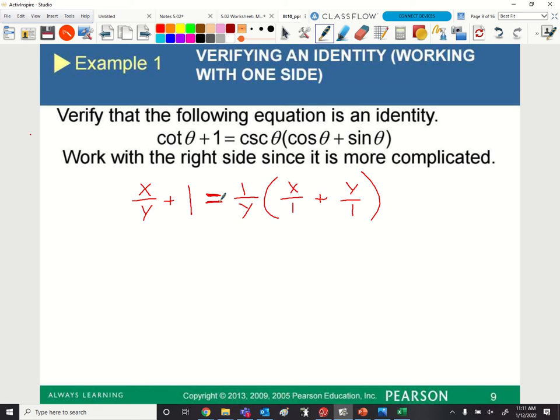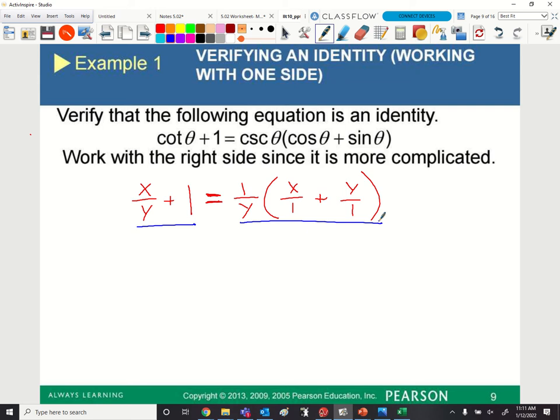On all these identity problems, that's what you have to do. You have to look at it and say, all right, I need to make the left side look like the right side, or I need to make the right side look like the left side. So I just pick which one's the more complicated and I use that. Right here, there's going to be distribution, right?